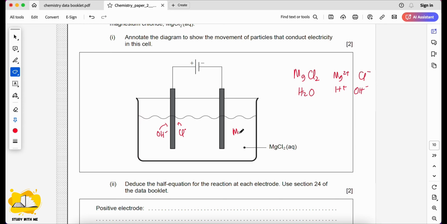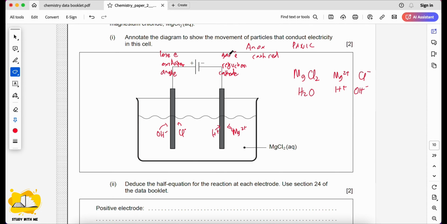And then Mg2+ and H+ go to the negative electrode. So this will be the anode, this will be the cathode. Positive anode, negative cathode, and OIL RIG. So the cathode experiences reduction and the anode experiences oxidation. Oxidation is losing electrons, and reduction is gaining electrons.